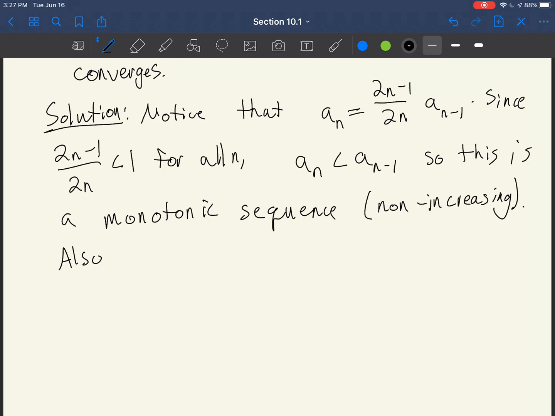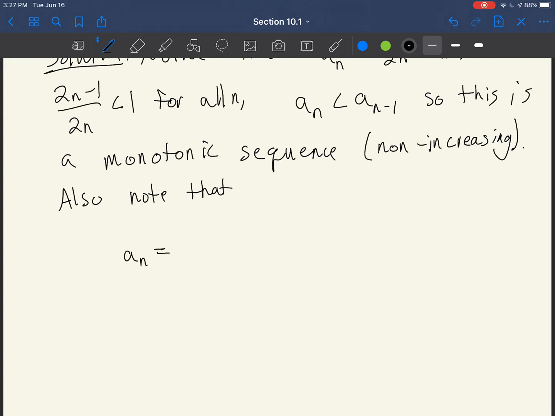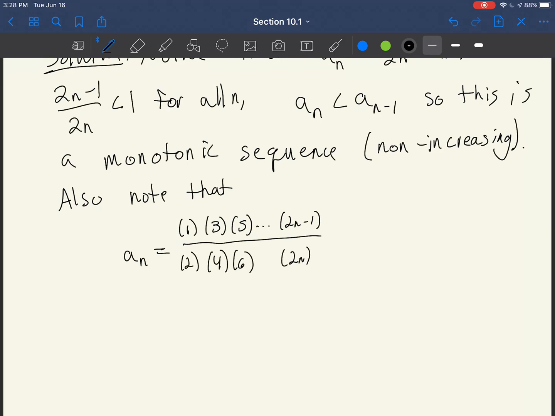Okay, so it's a monotonic sequence, so now we need to show that it's bounded. So also note that a_n, if we write this out, we can, as we did in a previous example, look at each fraction. So group the first term in the numerator and denominator, and the second term in the numerator and denominator, all the way to the last term.